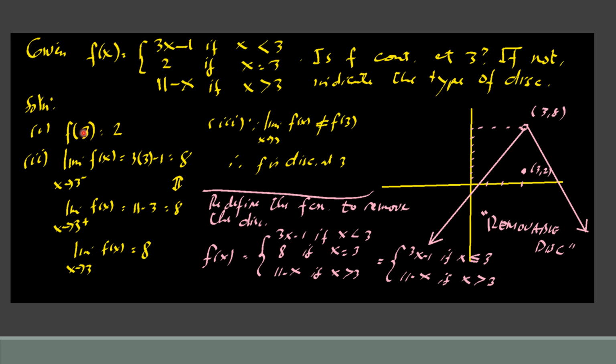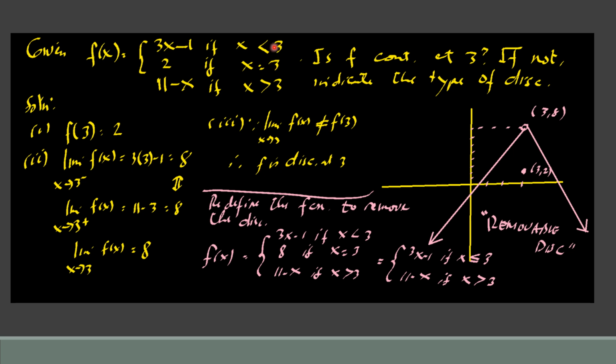So the first condition is that it must have a function value at x equal to 3. So f of 3 is equal to 2. From the definition of f, it says that if x is 3, then f is 2. So 2 is the function value at x equal to 3.